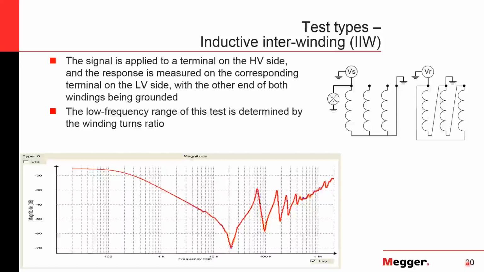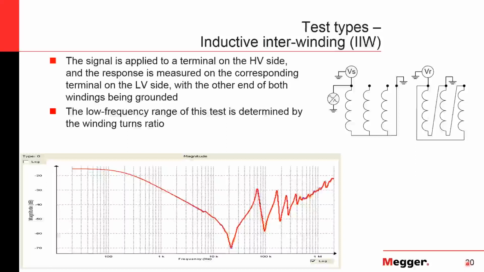The next one we have here is inductive interwinding. Once again, it's a repeat of the previous test as far as connections go, but now you're going to ground the opposite side of that winding.